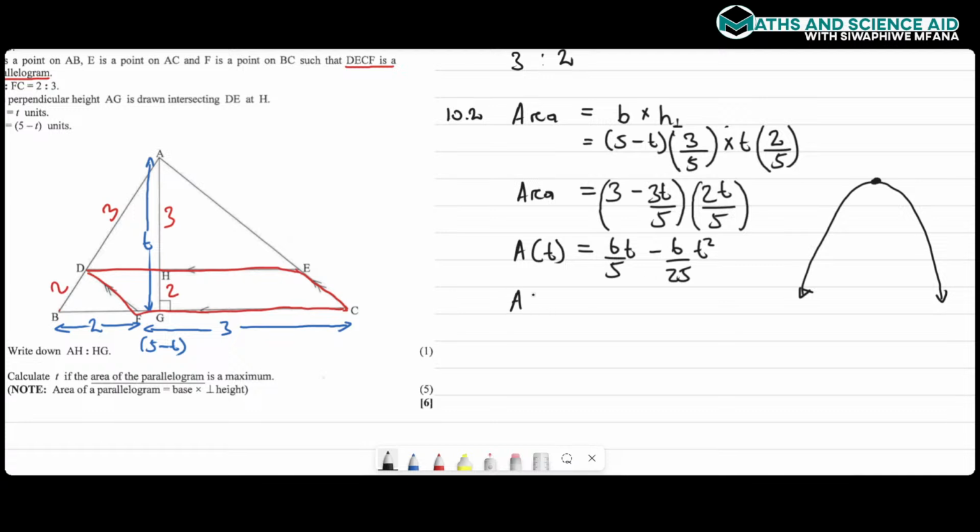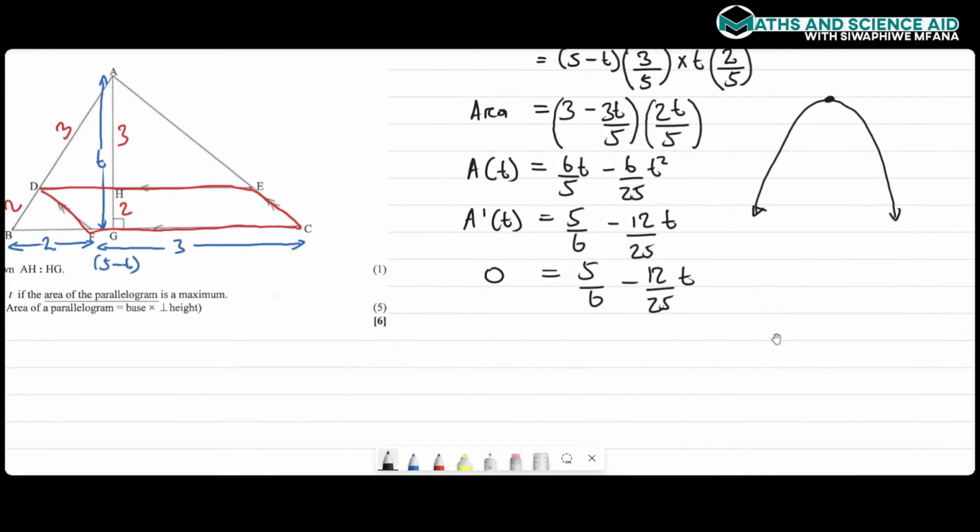And to do that, you can just work out the first derivative, which will be 6 over 5, and then minus 2 multiplied by 6, which is 12, over 25 multiplied by t. And then we set this to 0. And then we need to solve for t in the resulting equation.